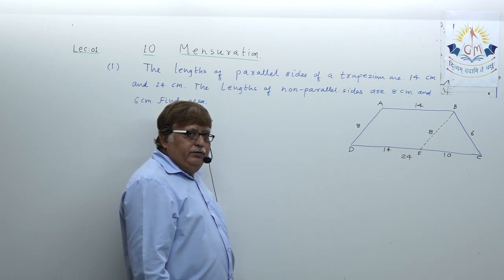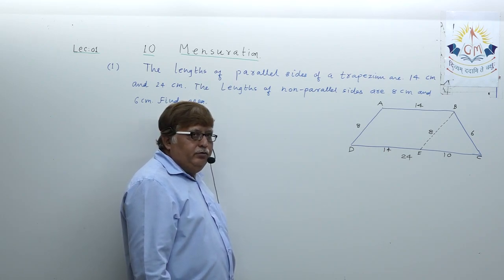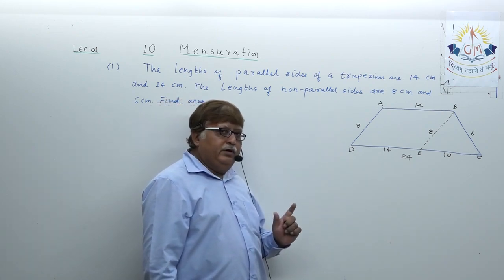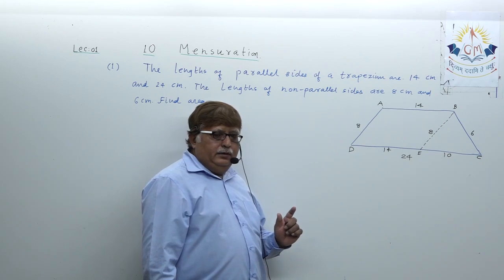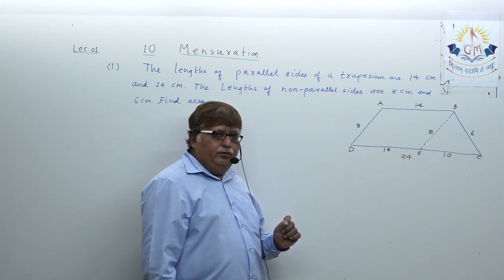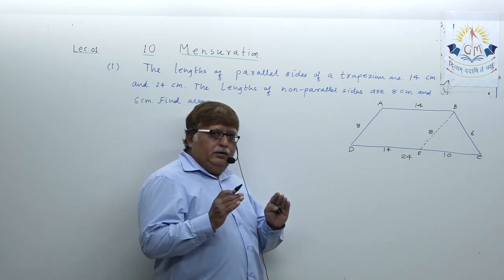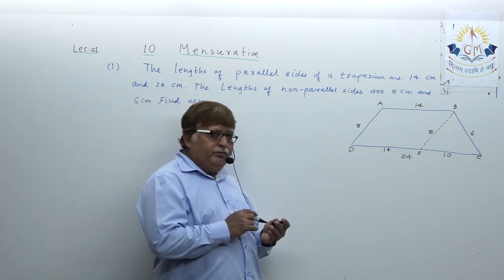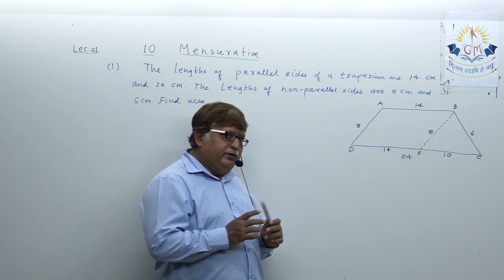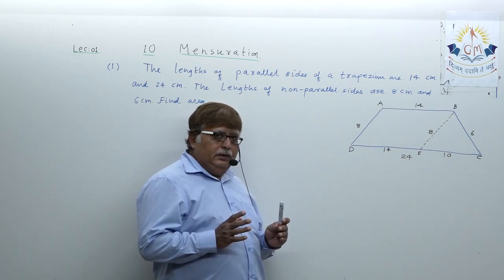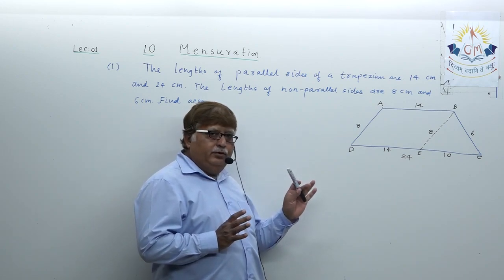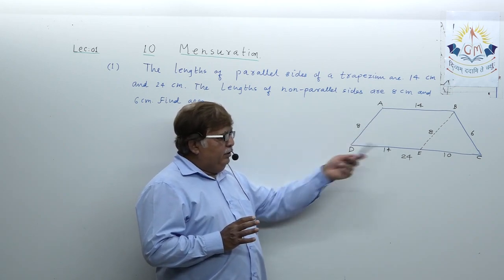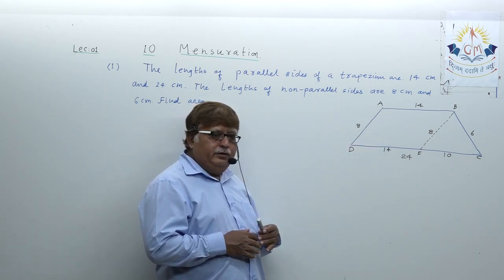Our basic target is to find distance between these two parallel sides. Be very watchful. In every example, this is going to be the basics. After you do this, you construct triangle and you just sort out all measurements here.